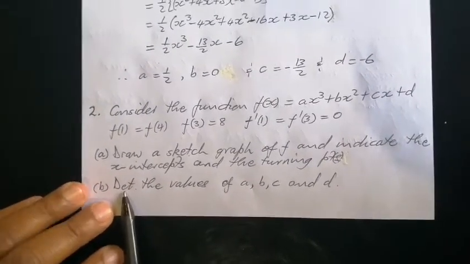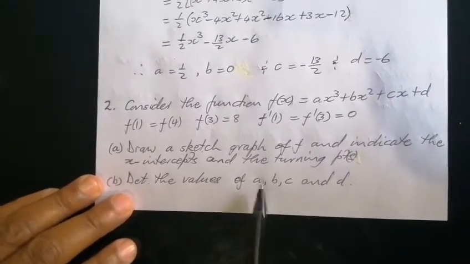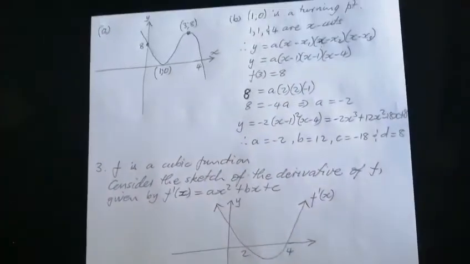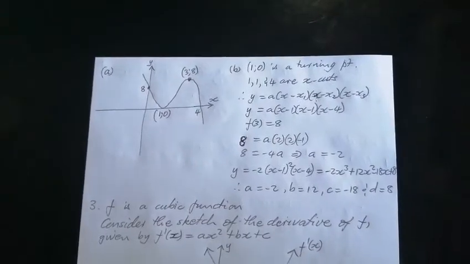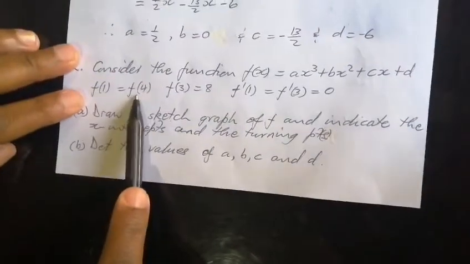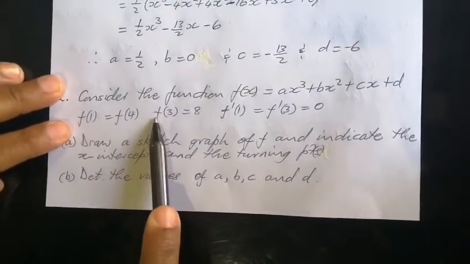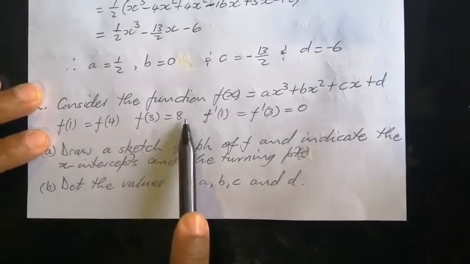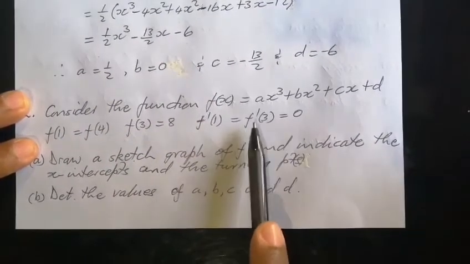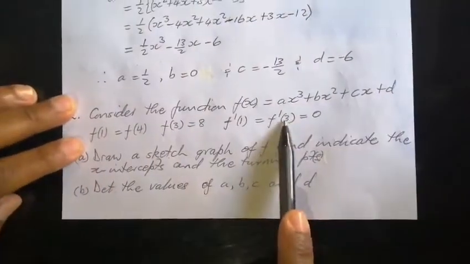Then part B, determine the values of a, b, c, and d. Now, using the knowledge that we already have, we are told from the question that f(1) is equal to f(4) and f(3) is equal to 8 and f dash of 1 is equal to f dash of 3.